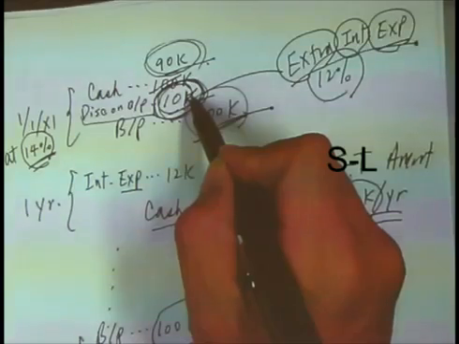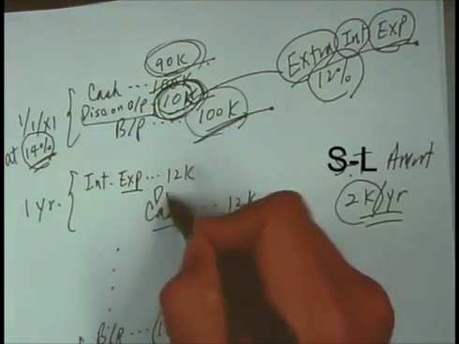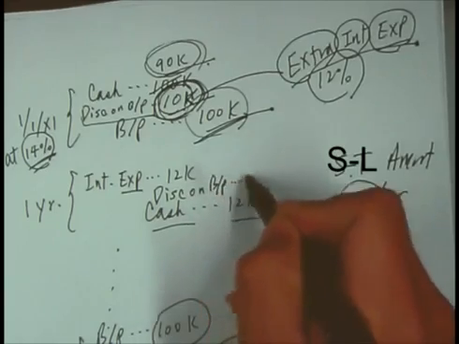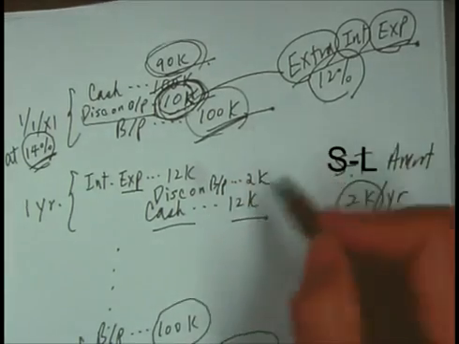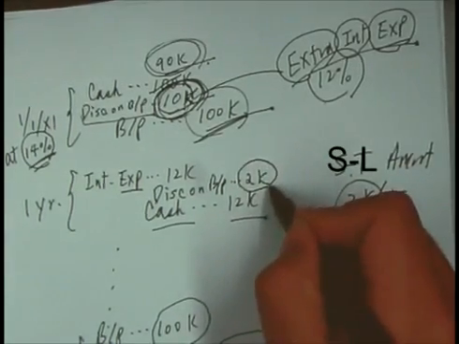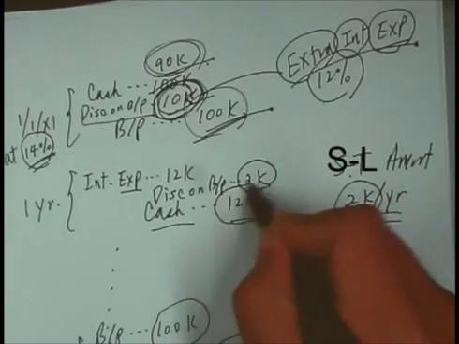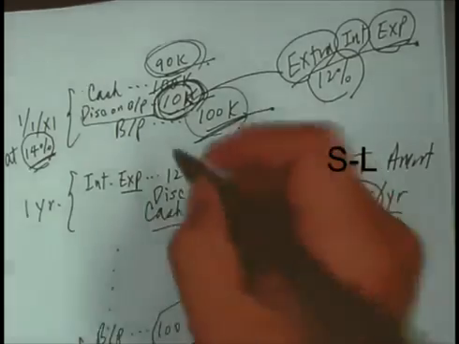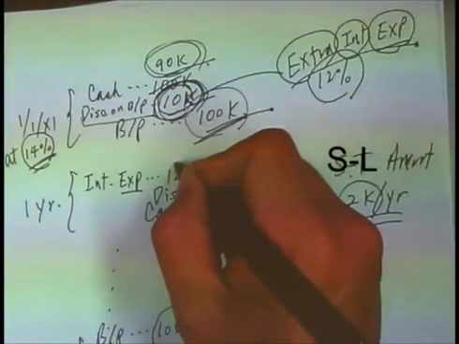Subtract 2. Credit. So here's the credit balance of 2K. Here's the credit balance of 12K. So interest expense must be 14K.